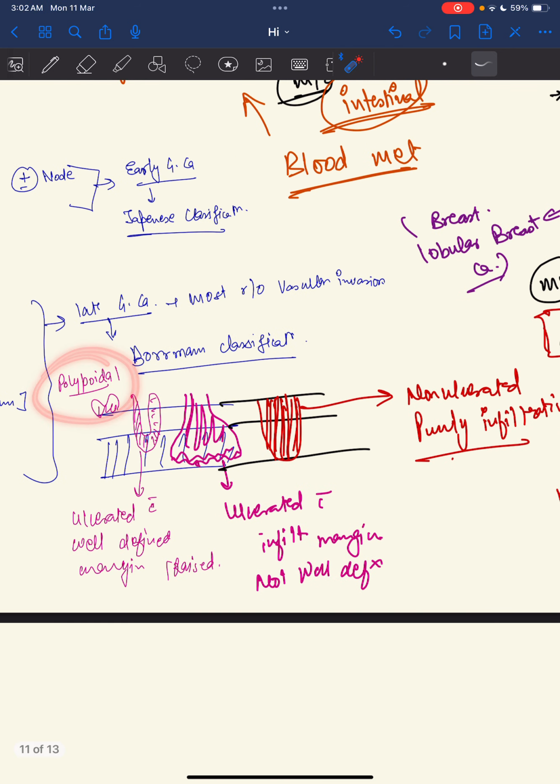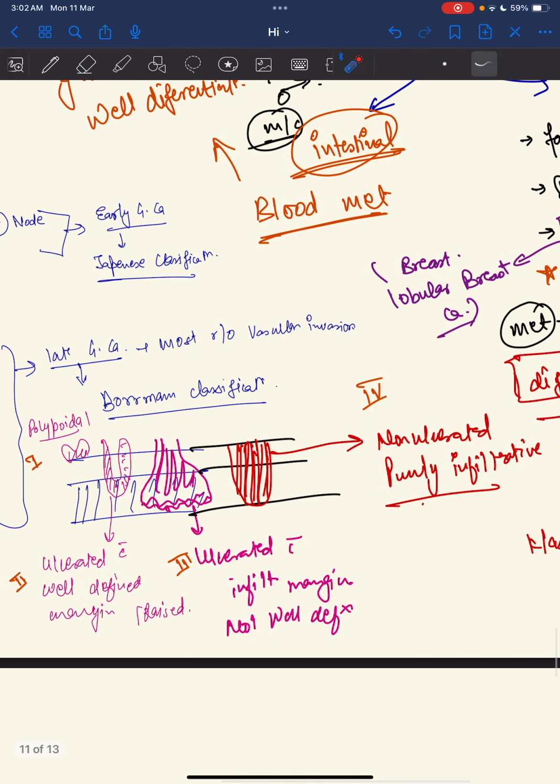So the polypoidal one will form a polyp, small polyp, and it is type 1. It is type 1, it is type 2, and this is type 3, this is type 4. The ulcerative with the clear raised margins is type 2, and then the margins are infiltrating, that is the clever one, which is ulcerating also, and it has the infiltrating margins.